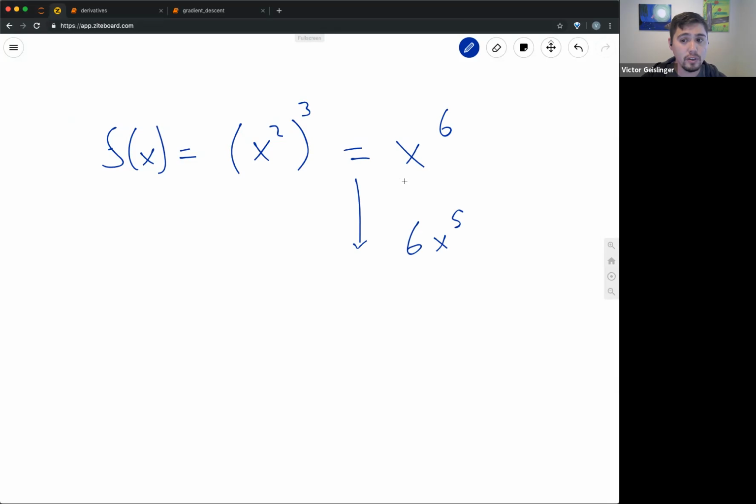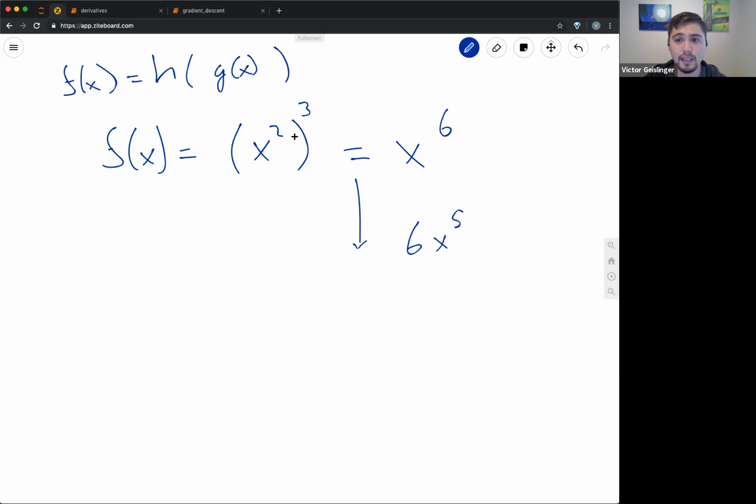But with the chain rule, I don't know why you would do this here, but just as an example, we could say this is like a function within a function. This f of x is really taking some function h of x and applying it to some other function g of x.